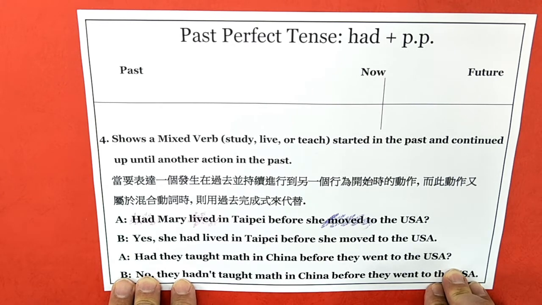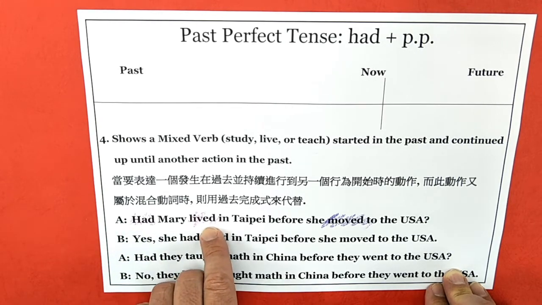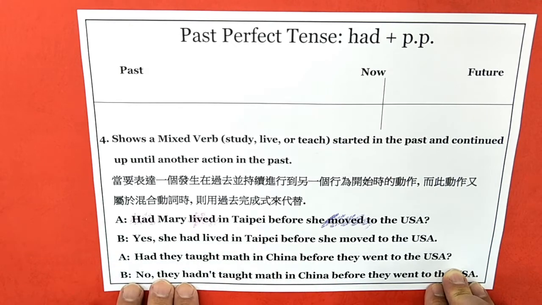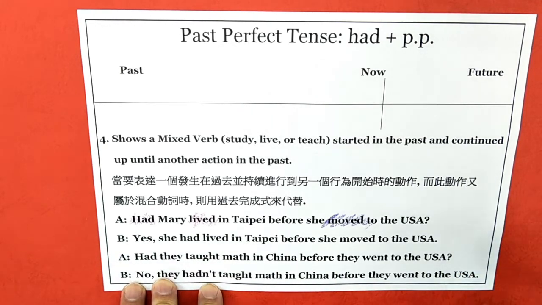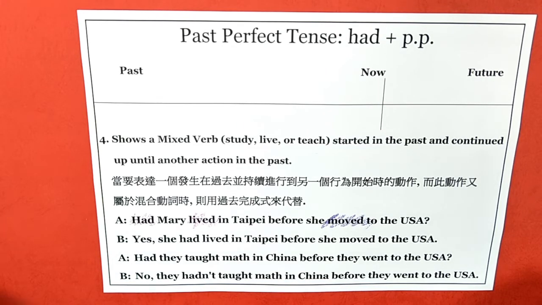You could use this simple past. Or you could use the past perfect. Had Mary lived in Taipei before she moved to the USA? That confuses American students because they think, well, which is the best answer? Well, I personally like past perfect tense, but you could also use the simple past.